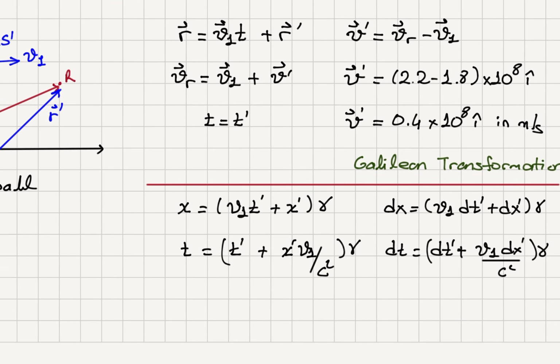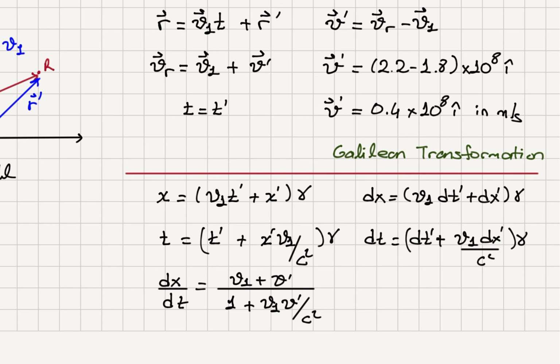And if I look at the velocity transformation, dx over dt, taking this dt prime into parentheses, the gammas will cancel. So I will have v1 plus dx prime over dt prime, which is v prime. So for this transformation, I will have v1 plus v prime divided by 1 plus v1 v prime over c square.